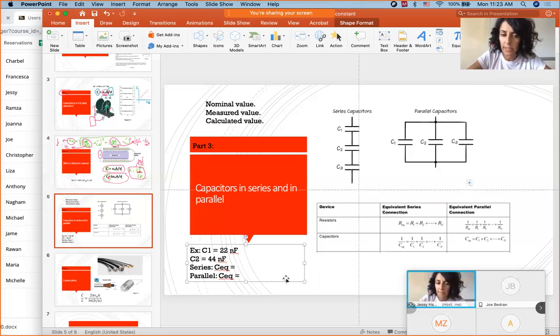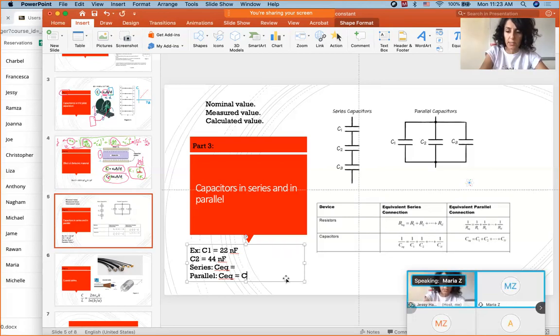Every time, have your calculators with you, especially for the last slide. I'm going to give you something to try for 10 minutes, so you need maybe Excel, not your calculator, or both. For the parallel connection, it's easy: C1 plus C2, so this one is going to be 66 nanofarad.